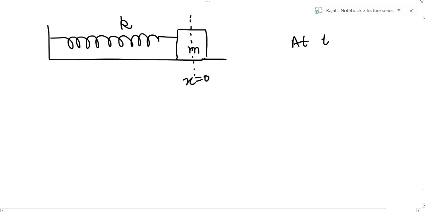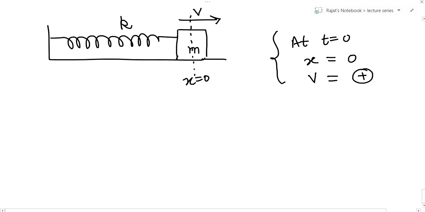At t is equal to 0, the position was at x equal to 0, and the block was moving, let us say, in the positive x direction. So velocity will be positive. So this is the initial condition given to us.